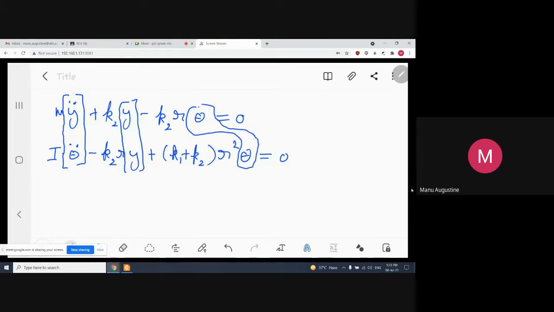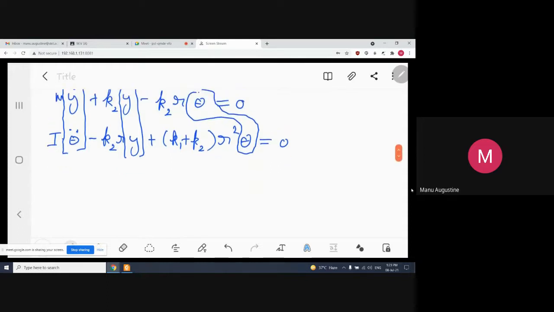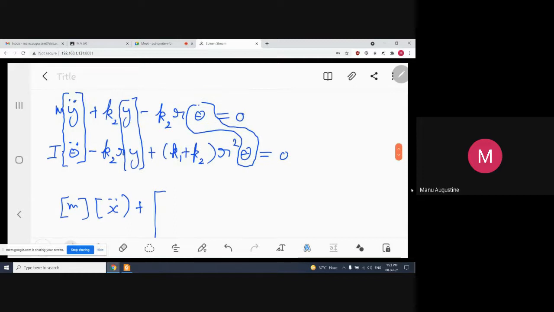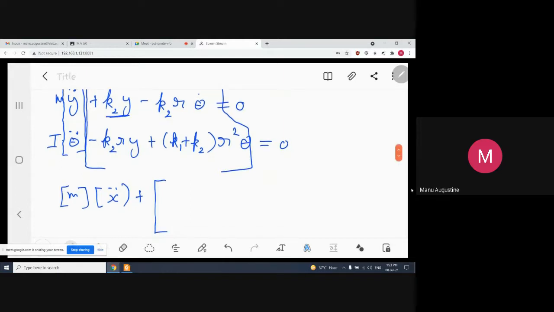And now all that you have to do is, you have your mass matrix, you have your acceleration matrix. For the K matrix, you simply pick up these terms from the structure of this equation. Just look at this part as a whole. So obviously the first term is k2y, so it's k2.